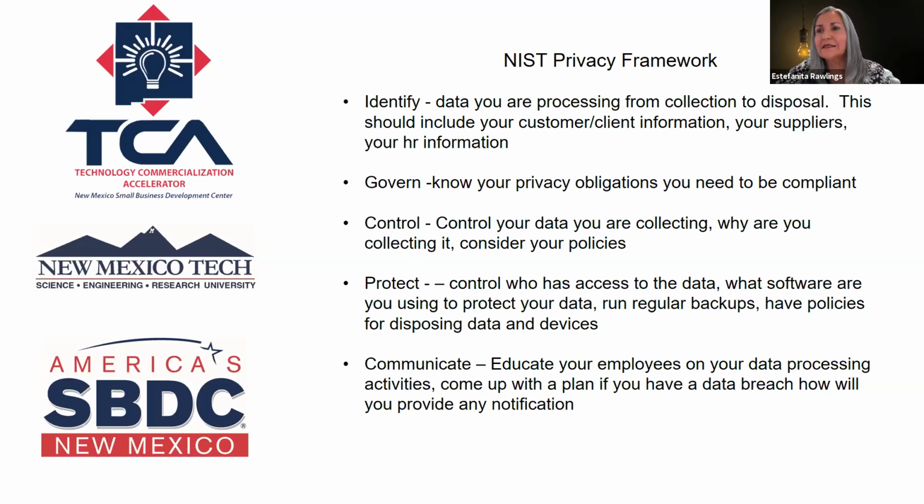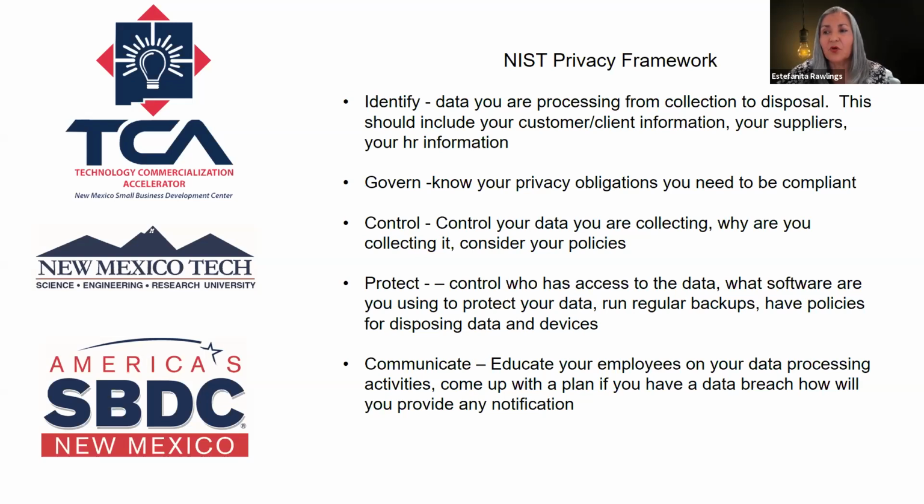The next management area is called govern. So know your privacy obligations. Privacy culture starts at the top. Determine which privacy values your organization is focused on. Know your privacy related legal obligations so you can build compliant products and services.